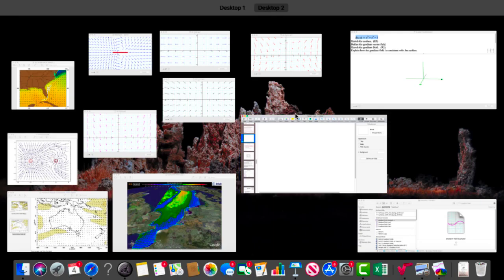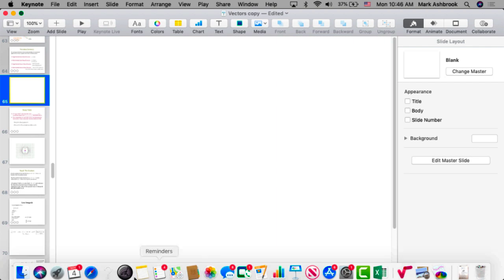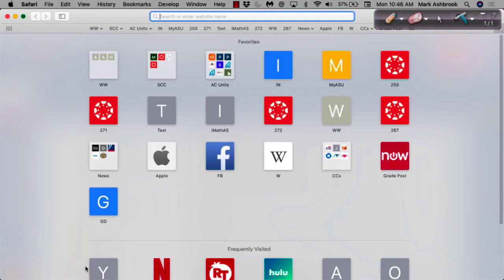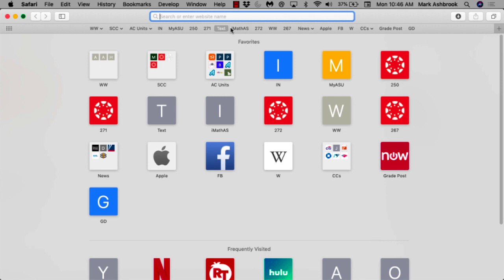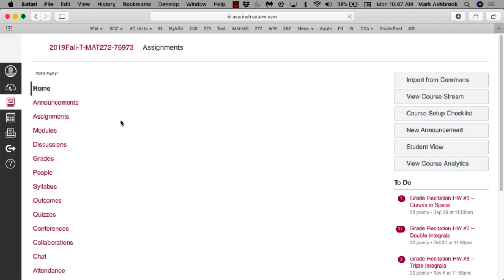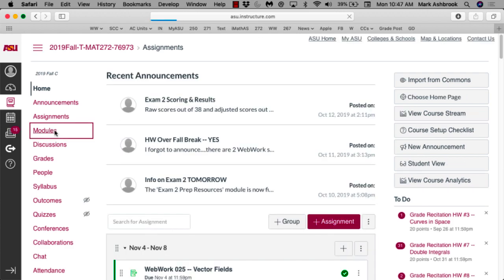The thing on Canvas. Let's see if I can find that. There it is. Okay, so you go to modules.